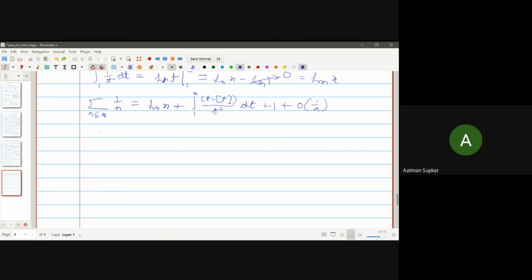So what I'll do is integration 1 to x of t minus floor t over t square dt is equal to, this thing is generally very risky, and here we are going to discuss how we figure out if it's doable. 1 to infinity of t minus floor t over t square dt minus integration x to infinity.